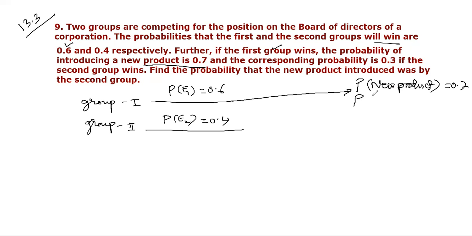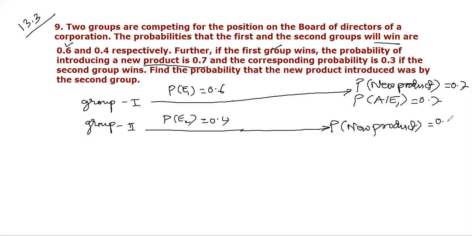Similarly here, introducing a new product by group 2 is also given as 0.3.